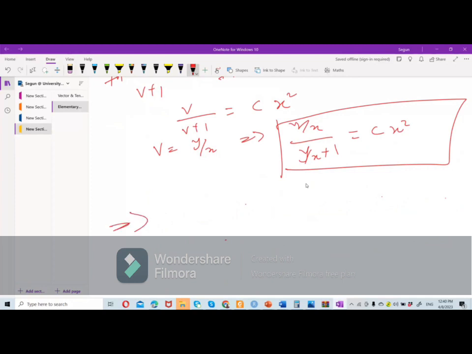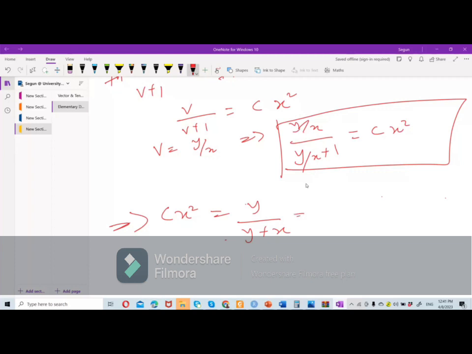So we have it to be cx squared equals y over y plus x. Because at the end of the day, this one will cancel this. X will cancel because we have y over x, and this is y over x.